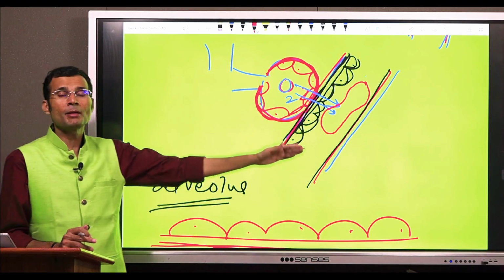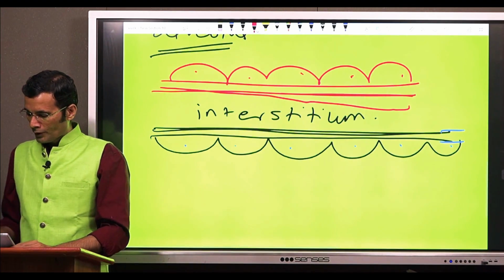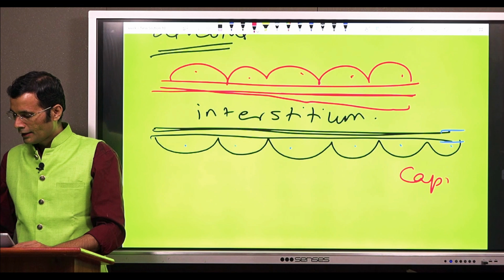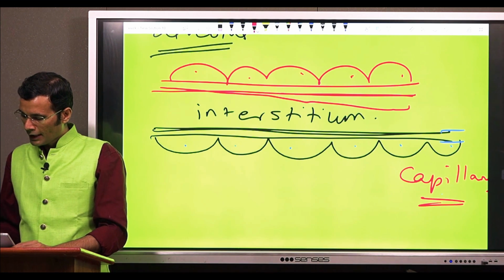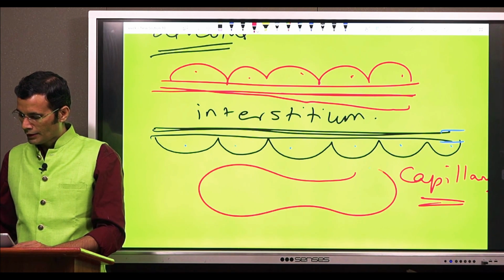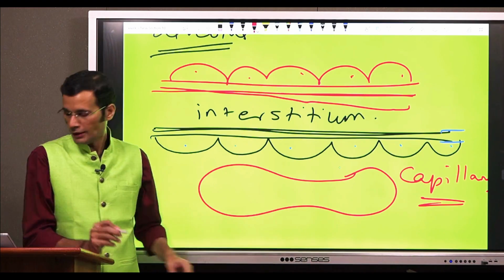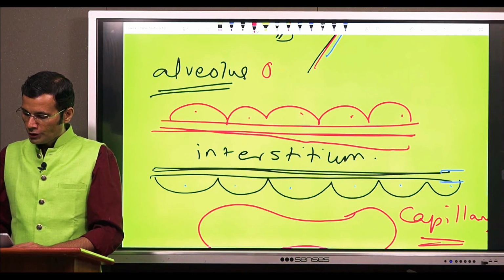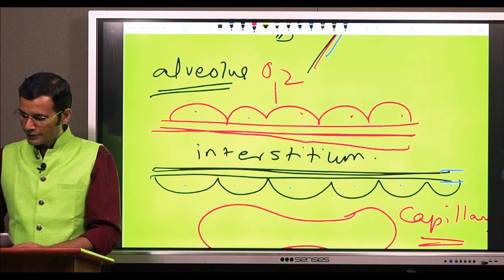So even the RBC membrane has to be crossed. Therefore, this is the pulmonary capillary, and here is a blood vessel, here is the red blood cell. Oxygen has to cross all these layers.